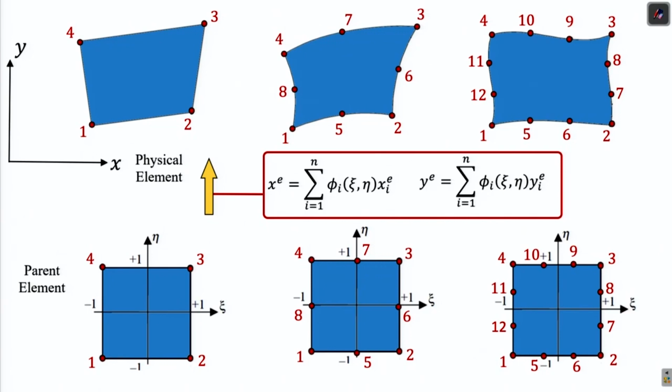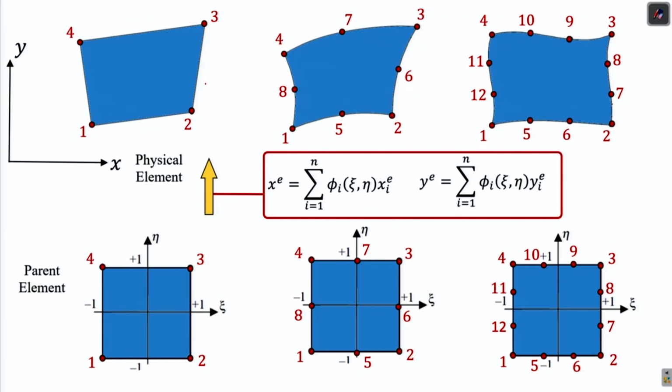These are some quadrilaterals in the parent element and the corresponding quadrilaterals in the physical element. Look at the parent element: it is always between -1 and 1 in the xi and eta directions, and the elements in the parent domain are all squares.